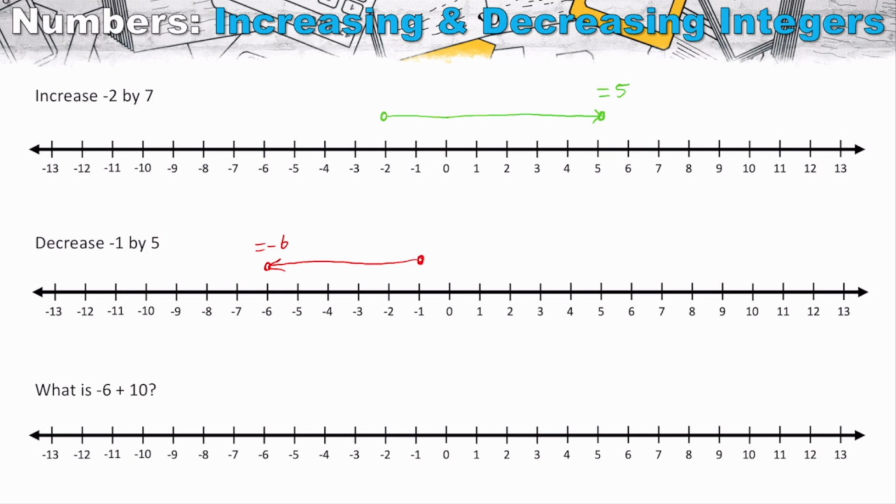Now we can think of these problems as an addition or a subtraction problem. So for example, if we had -6 and we want to add 10 to it, addition is increasing. Okay, so we're going to increase -6 by 10.